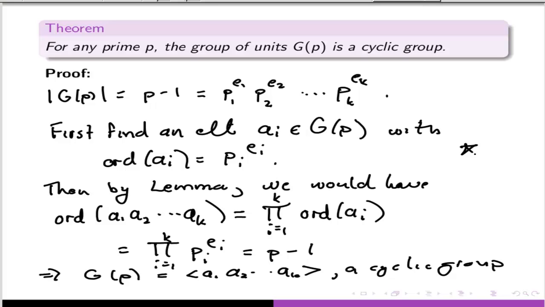So, the whole proof boils down to this observation here. Can we find an element whose order is pi to the ei for any prime power? Okay, so let i be any value from 1 to k.